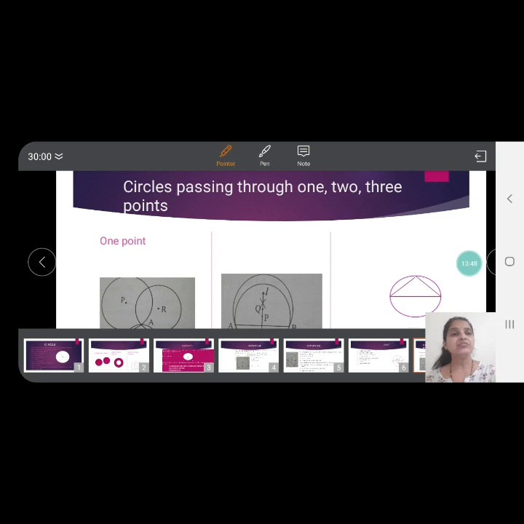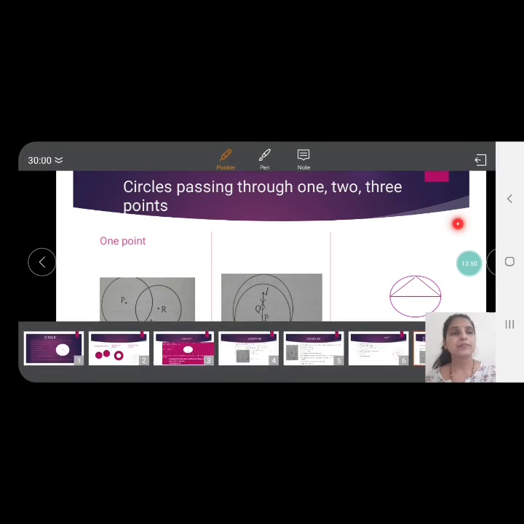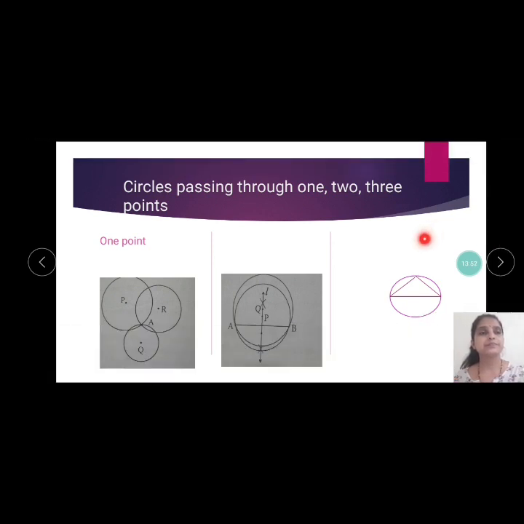After that is 3 points. Now, whether the 3 points are collinear or non-collinear: if they are non-collinear, how many circles can pass through them? Only one circle can pass. Try it, and you will verify the answer told by me.